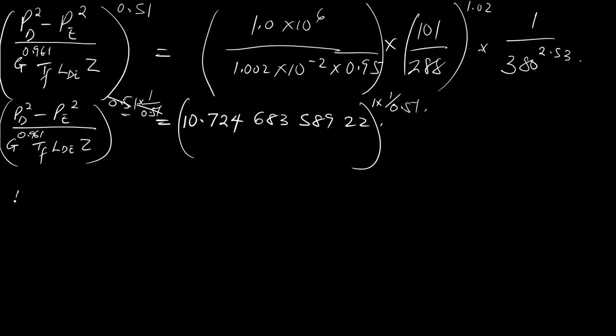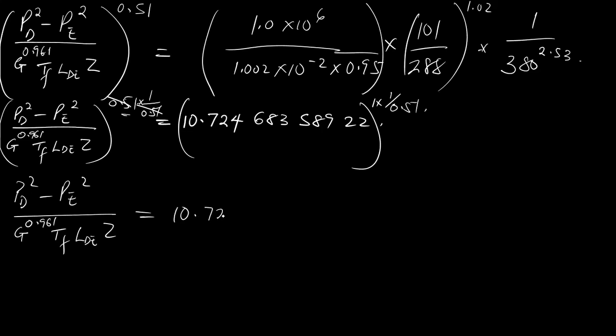You are left with PD square minus PE square divided by G raised to power 0.961, TF LDE Z equal to 10.72468358922 raised to power 1 all over 0.51.